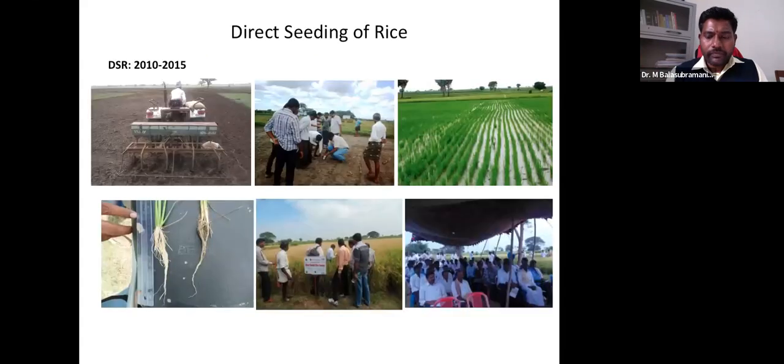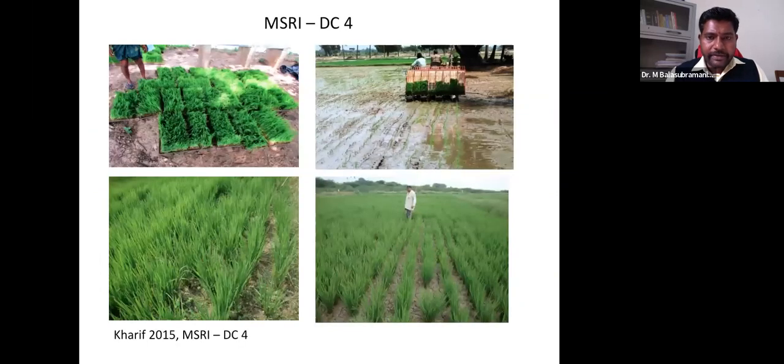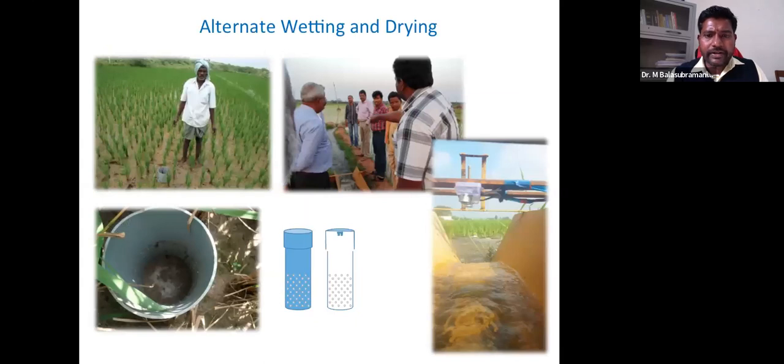There are a few pictures which we have taken in the field. The DSR method, how the direct sowing of rice is done, that is direct seeding of rice. And MSRI, the mechanized transplantation in the system of rice intensification. Then the alternate wetting and drying method. This alternate wetting and drying method is to find out when you have to irrigate the field.